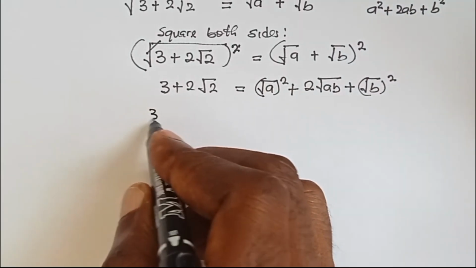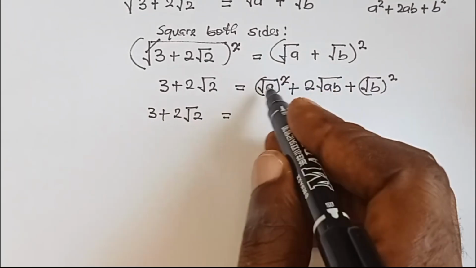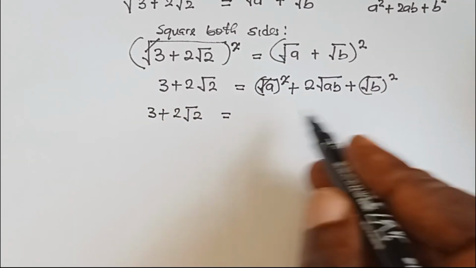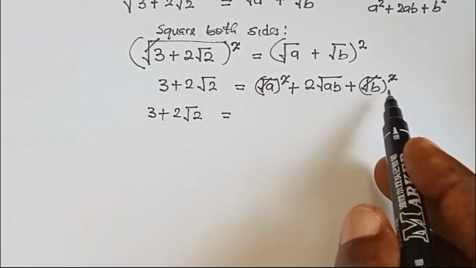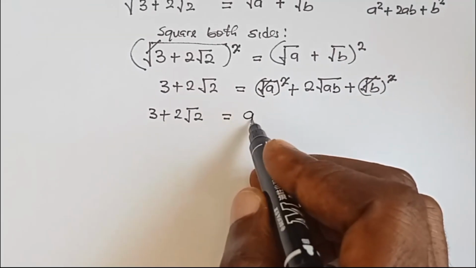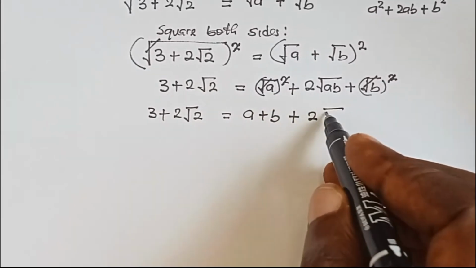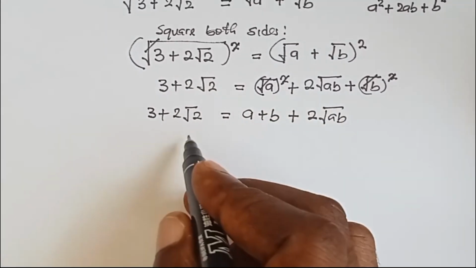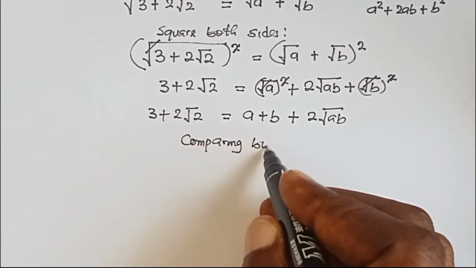Now from there we have 3 plus 2 root 2 equals to, the square cancels the square roots, also here the square cancels the square roots. Then we have a and b, so we put them together: a plus b, then plus 2 root ab. The next thing is to compare both sides.